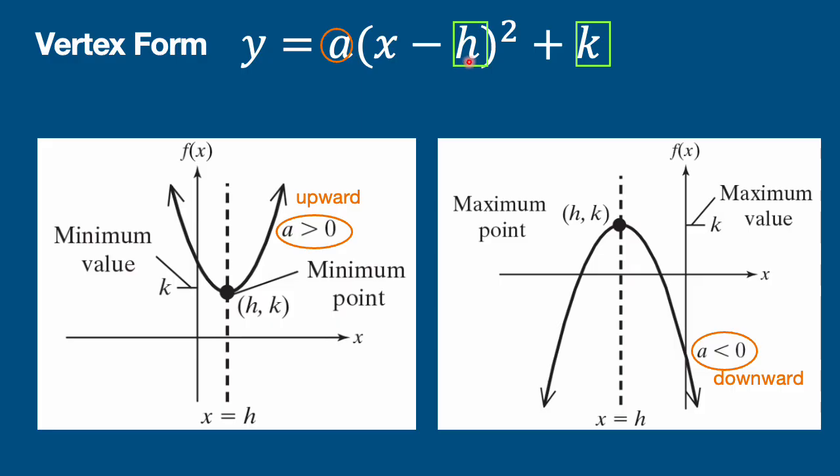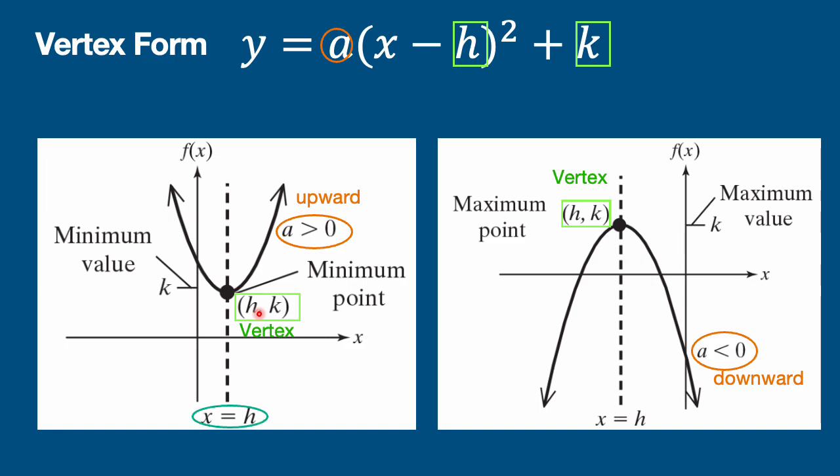Second, this is a translation. Go to the right h, go up or down k. Be very careful here: h and k represent the vertex, whether the leading coefficient is positive or negative.